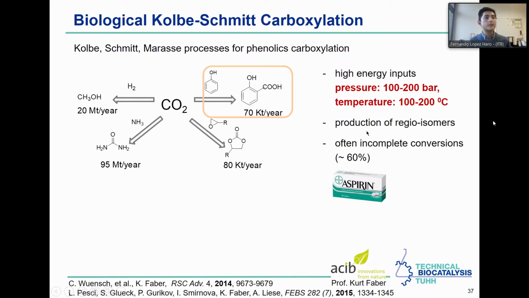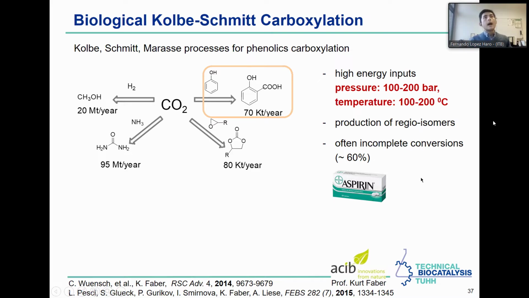The appeal is not only to produce these chemicals, but also further regioisomers. However, the problem that we have chemically is that chemical reactions are not stereoselective, and they have incomplete conversions.